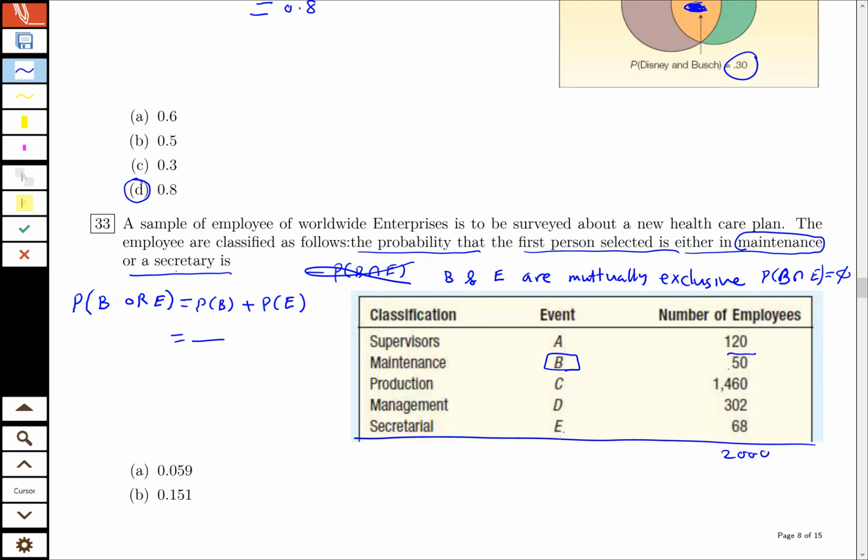It's the number of B divided by the total, which is 2000. What's the probability of E? It's the number, which is 68, divided by the total. That will be equal to 50 plus 68 divided by 2000. That would be 0.059. So the answer here is A.